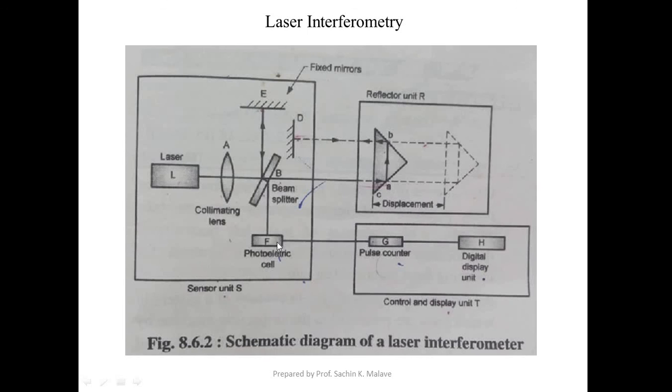Now we know that the path length of this portion is kept constant, isn't it? When the reflector unit is stationary, this path length remains constant, whereas the reflector unit is attached to the object whose displacement is to be measured.